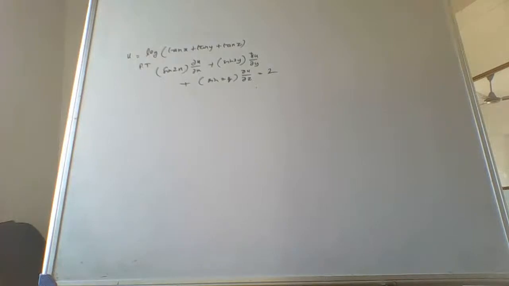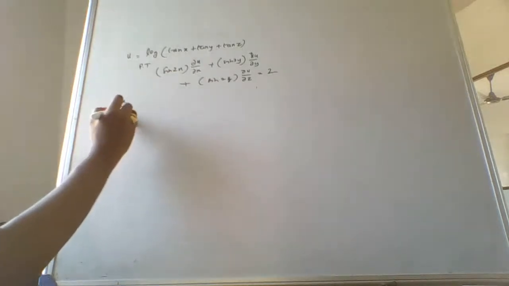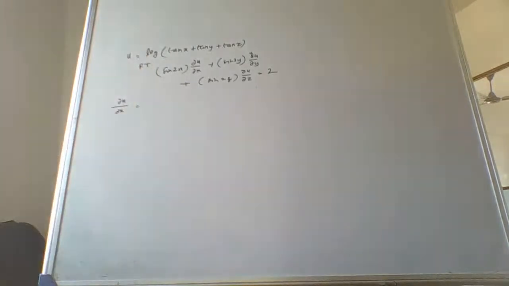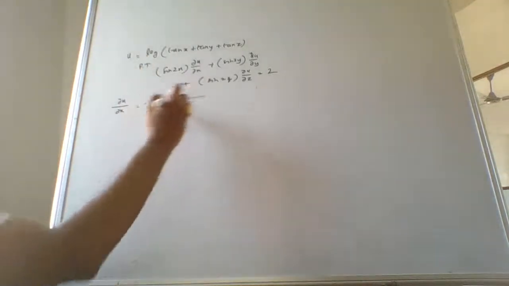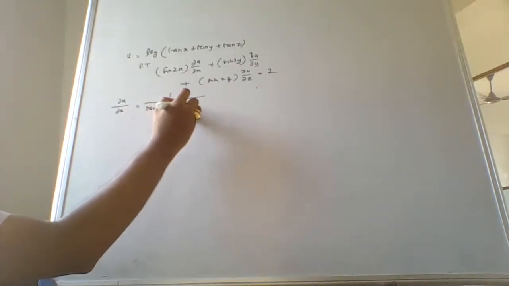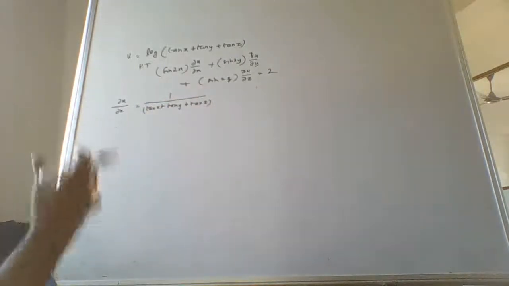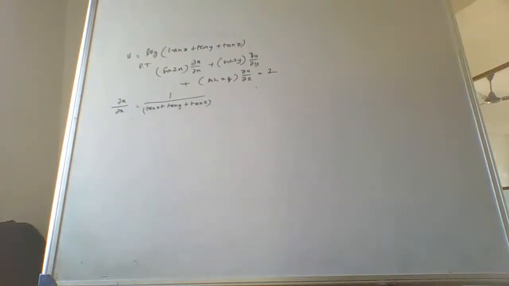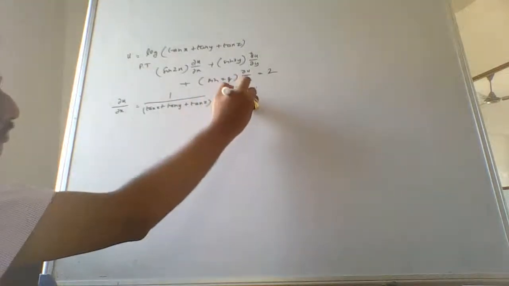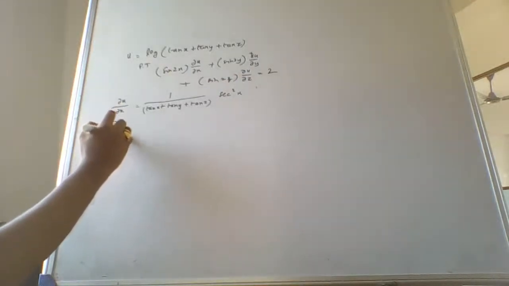Now, taking u as this, let us partially differentiate this with respect to x. So I get dou u by dou x. Since it is a log, that would be 1 divided by tan x, tan y, tan z, and the differentiation of tan x is secant square x, so that's what I put. Now partially differentiate with respect to y.